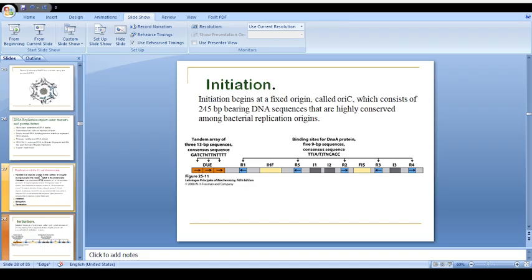These consensus sequences have such repeats. In the case of the 13 base pair repeats, it is GATC, TNTT, and TTTT, whereas in the case of the 9 base pair repeats, TT, AT, TN, CA, CC.